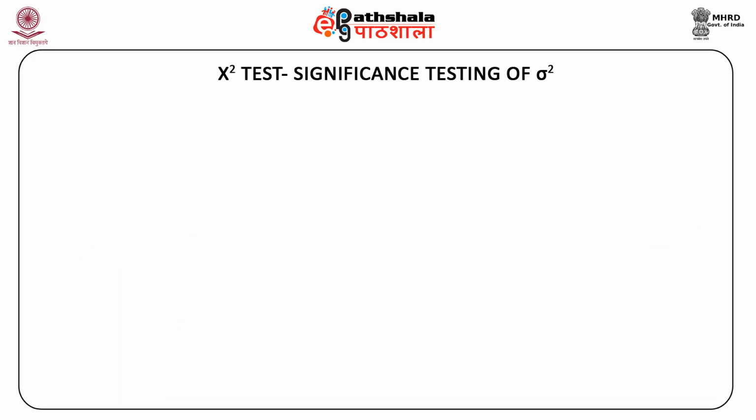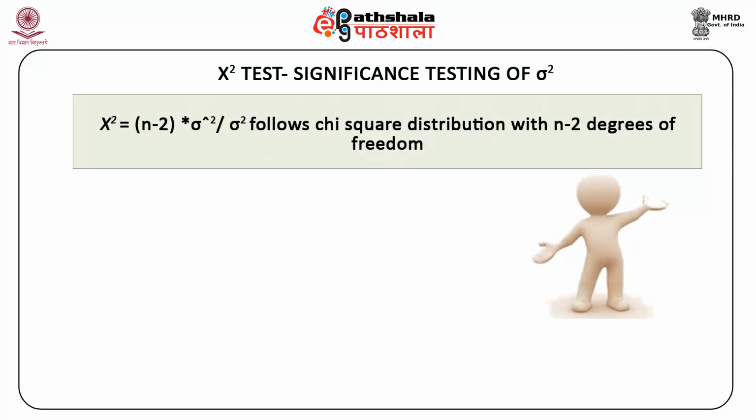Next, we shall look at the chi-squared test, significance testing of sigma squared. As stated previously, the statistic chi-squared is equal to (n minus 2) multiplied by sigma hat squared divided by sigma squared, following chi-square distribution with n minus 2 degrees of freedom. Null and alternative hypothesis.